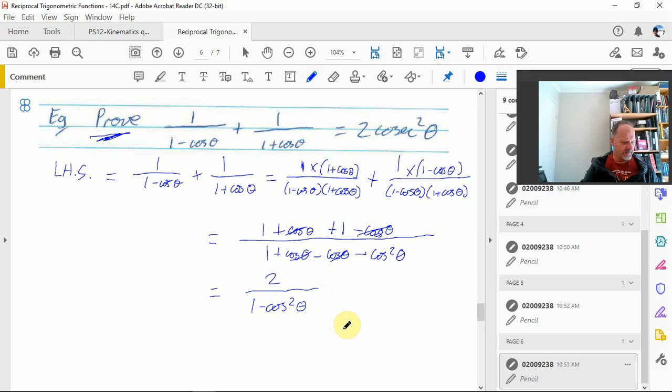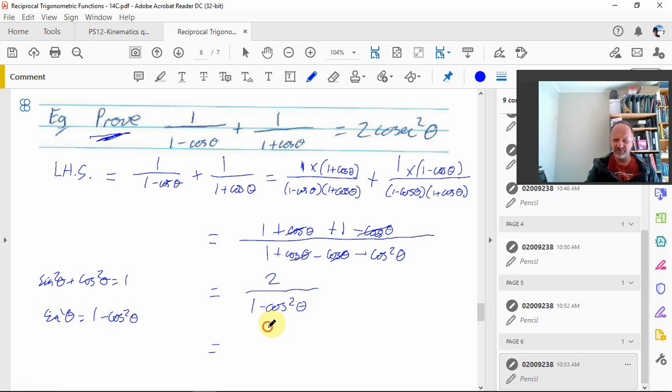All right. Now what do I do? Well, remember the Pythagorean. There it is there. Now if I take cos squared theta from both sides, I'll have sine squared theta equals 1 minus cos squared theta, which is what we've got there.